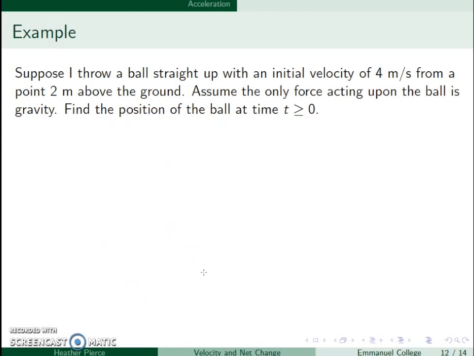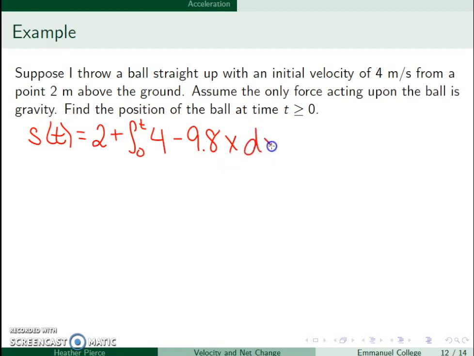Now that we know that, let's find the position. So we need our initial starting position, which was 2, plus the integral from 0 to t of our velocity, which we just found, to be 4 minus 9.8x. And we want to move back over to x. So if we integrate this, we get 4x minus, we raise 1 on the exponent, and then divide by that number to get 4.9x squared.